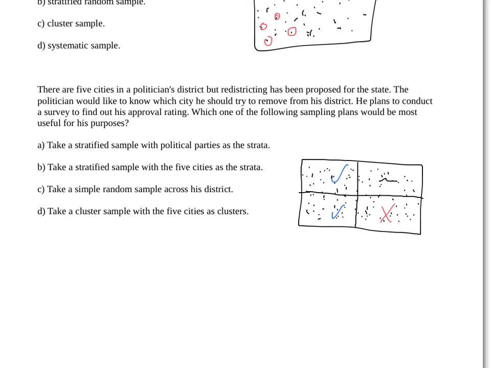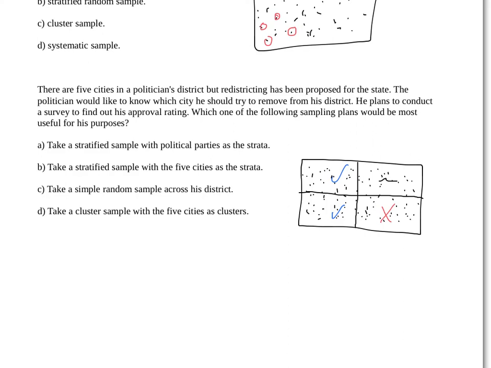But a cluster sample breaks your population up into groups again, but then you only choose a few. You don't choose all of the clusters.